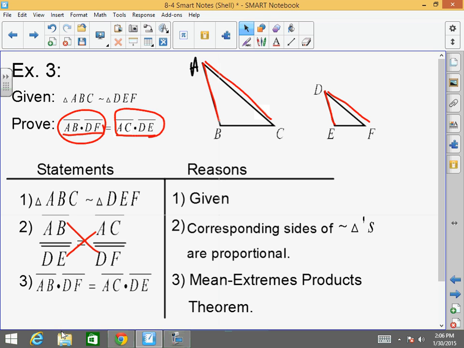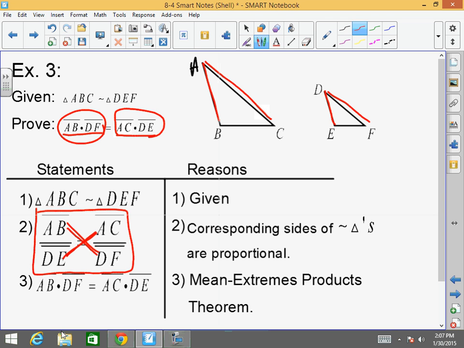Remember that once you have your proportional sides, which you have right here, the cross products are equal. And that is the means extremes products theorem. There's also the means extremes ratios theorem, which lets you rearrange those ratios any way you want as long as it's a true statement.